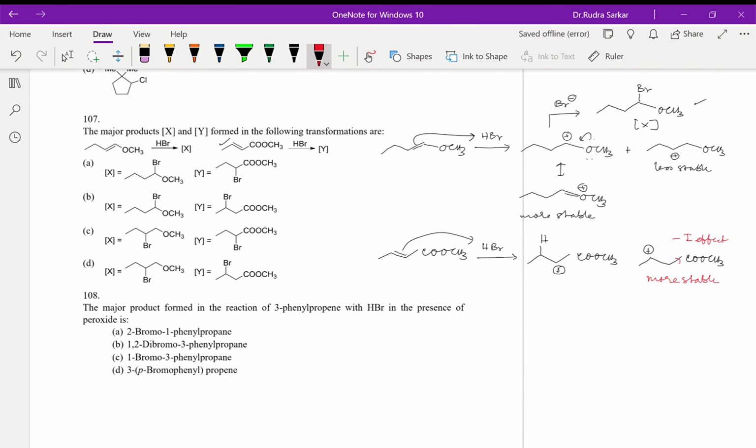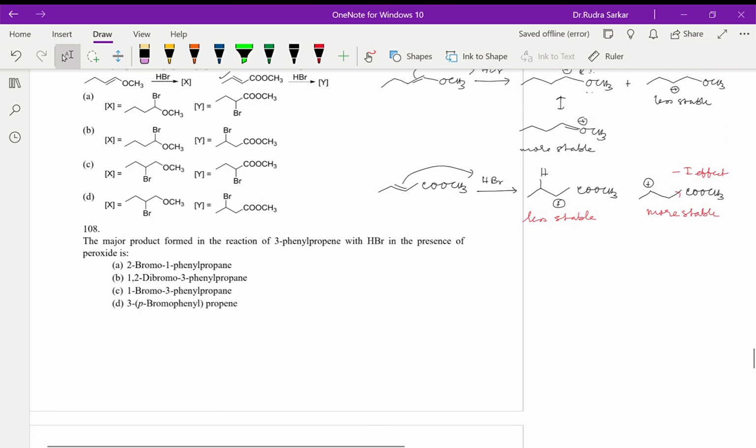That makes it more stable, so this is less stable. So that means now the Br will obviously react with the carbocation that is more formed in the medium. So over here, when the Br attacks this carbocation, the product that will be formed is going to be this one.